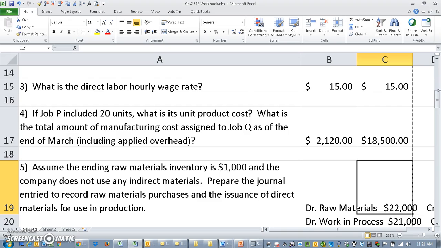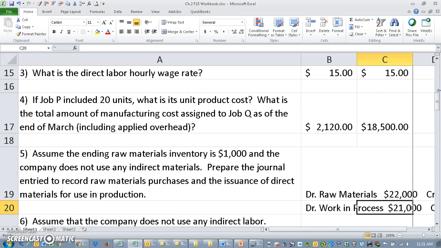All right, question 5. Assume the ending raw material inventory is $1,000 and the company does not use any indirect materials. Prepare the journal entry to record raw material purchases and the issuance of direct materials for use in production.